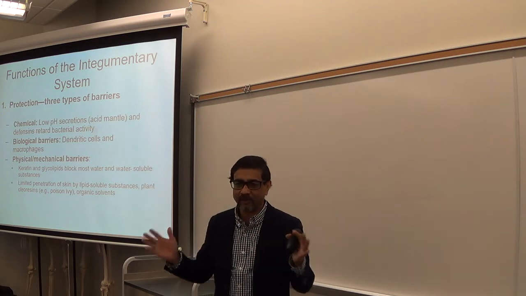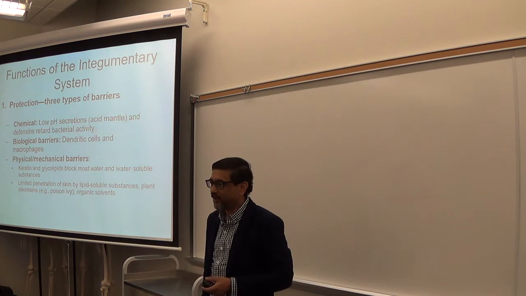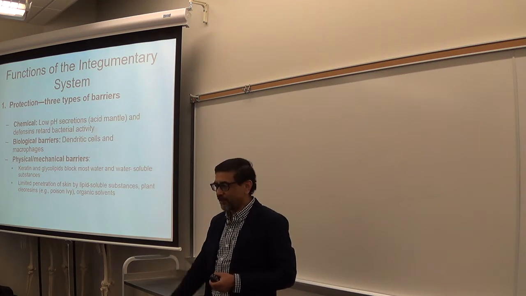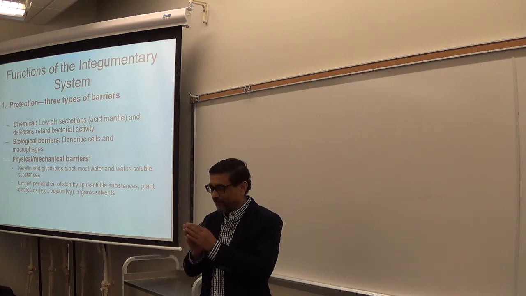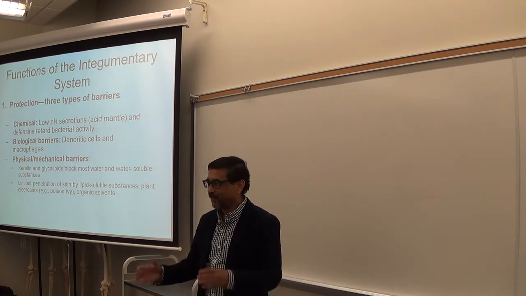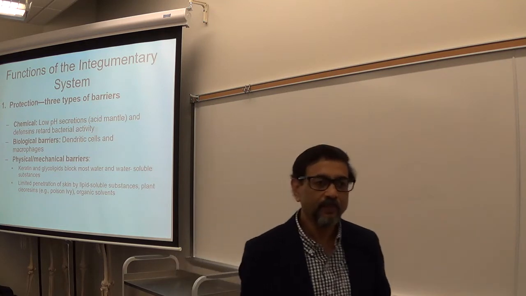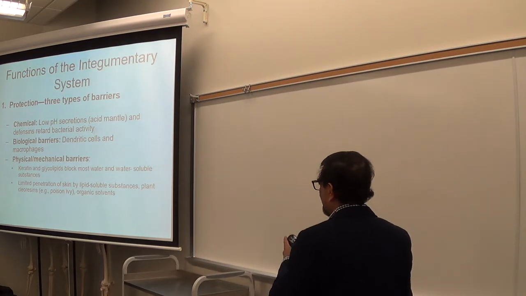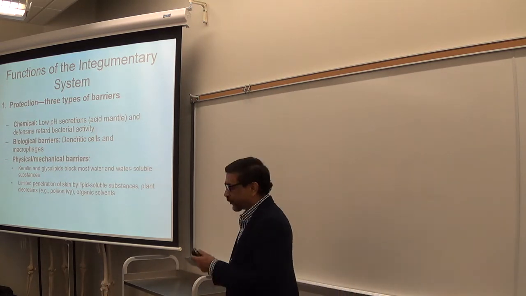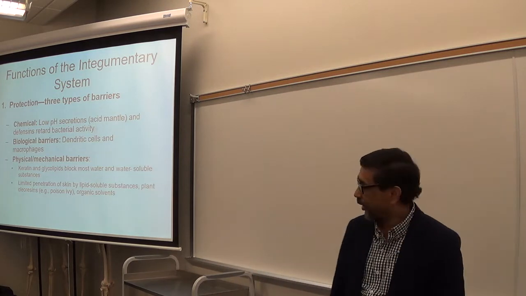But that doesn't happen because waterproofness is given by these two chemicals. Sometimes, if you stay a long time, you see wrinkling, but still water cannot easily enter into the body. So, those are three types of protections given by the skin.